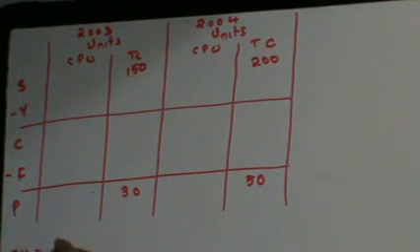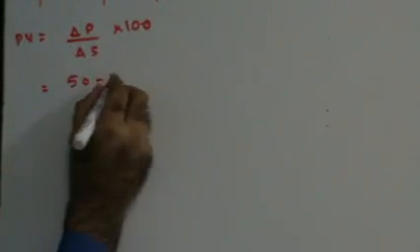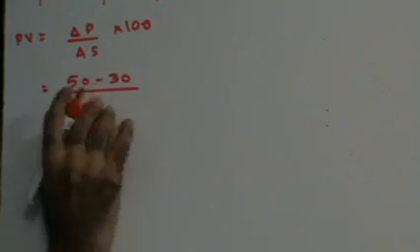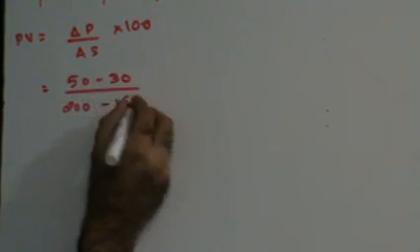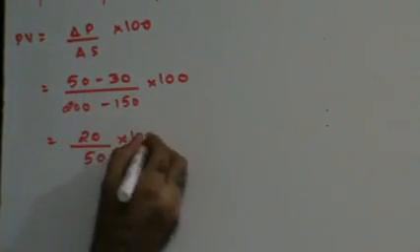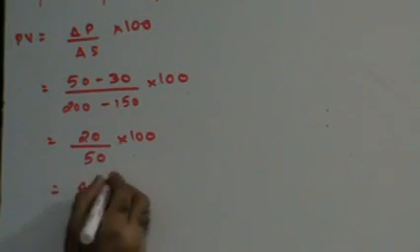PV is nothing but change in profit upon change in sales into 100. Change in profit is second year's profit minus first year's profit upon change in sales, second year's sales minus first year's sales, into 100. So this is going to be 20 upon 50 into 100. That is going to be 40%.